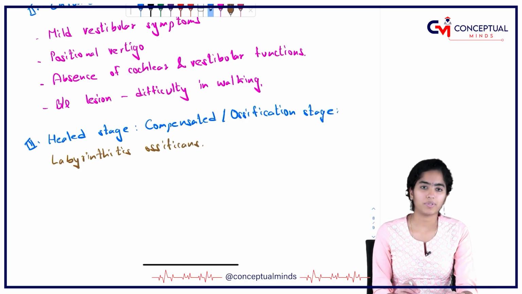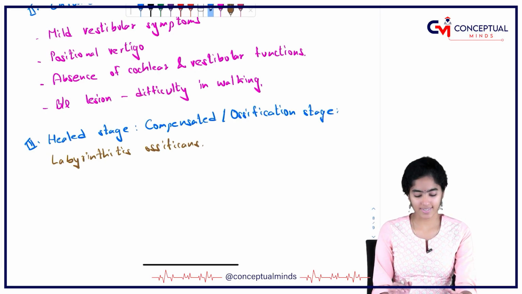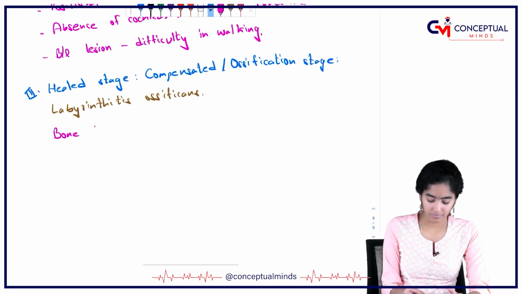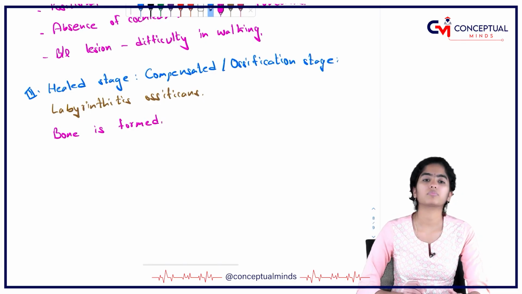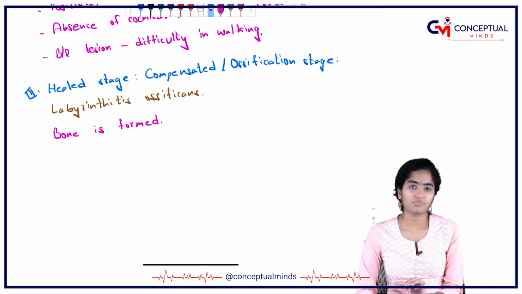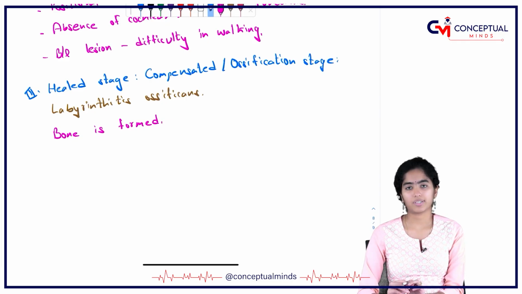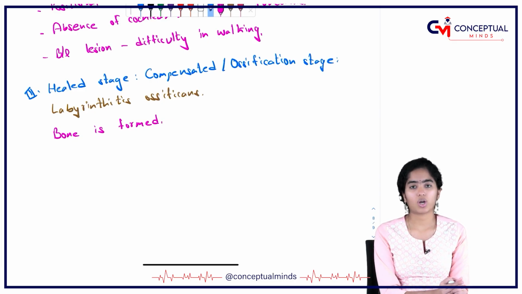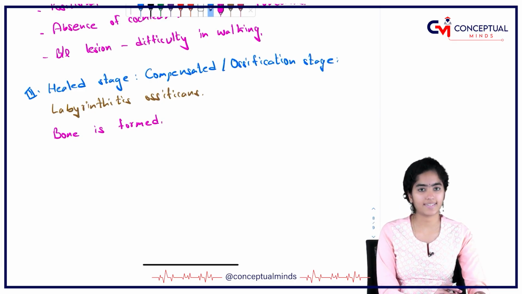Here, new bone formation occurs. This will take several months and many years are required for the development of complete labyrinthitis ossificans. This is the last stage where bone is formed. This is about the clinical features of diffuse suppurative labyrinthitis. In acute stage, the symptoms are very severe, and then comes the chronic stage and finally the healed stage.